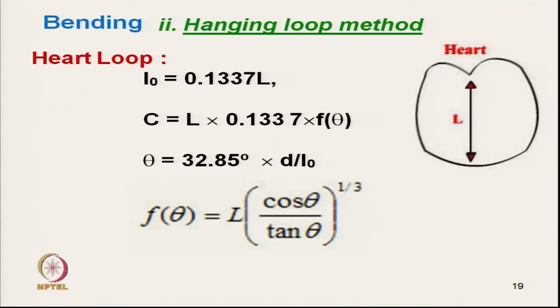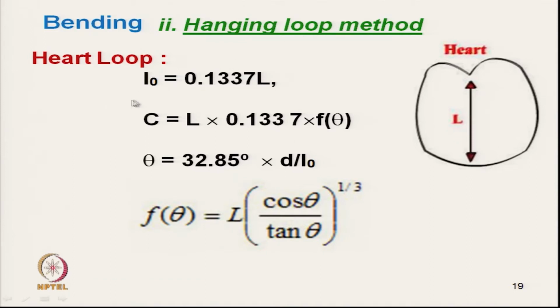Similarly, in the Hart loop method, as I have already shown, this is the L length after deflection, a small l, and here capital L is the length of the total strip.